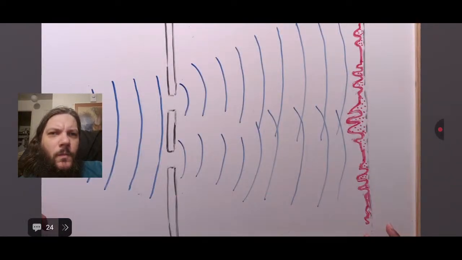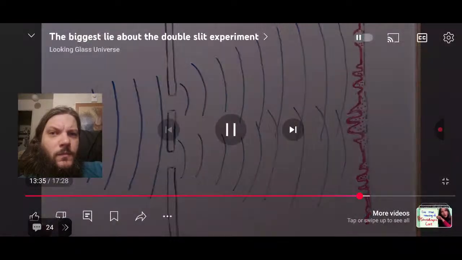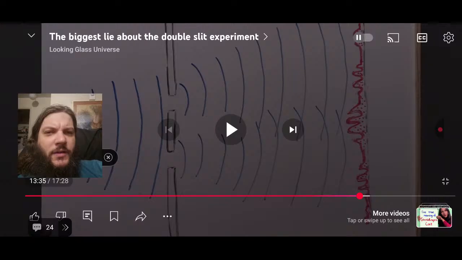It does just look like a smear. And it's only by turning down the light that we end up seeing these individual photons, or by increasing your magnification on the area that you're looking at. You start seeing stuff better.